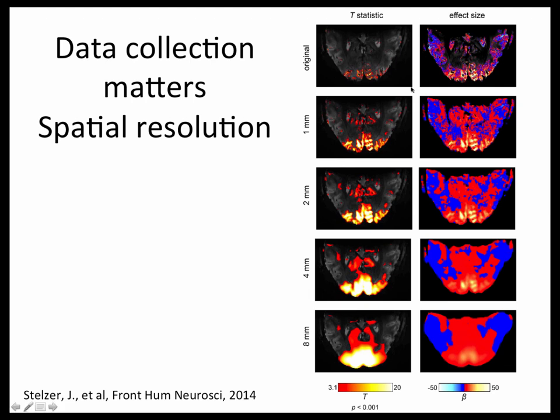Similarly, in understanding what's neural data, how you collect your data matters. This is just one quick example, a spatial resolution question. You're using very smooth data versus all the way up to the original data, which is very high resolution.